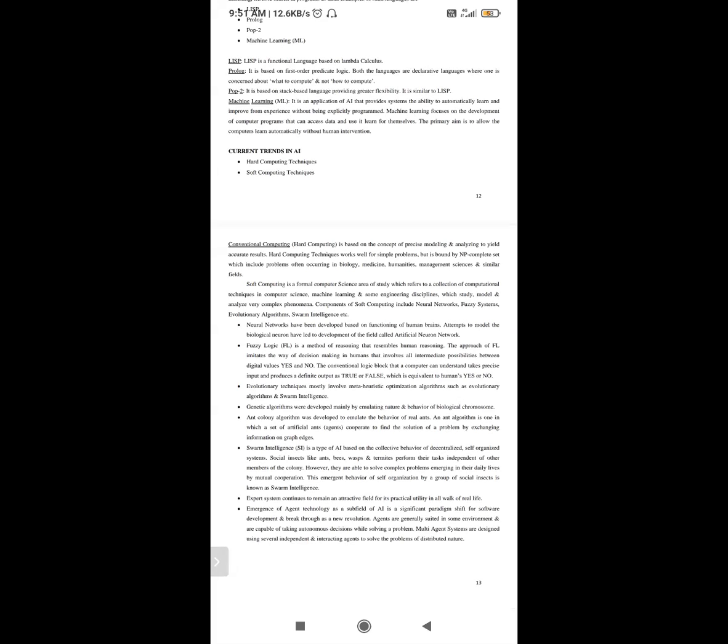Next one, ant colony algorithms. These ant colony algorithms were developed to emulate the behavior of real ants. In this algorithm, a set of artificial ants or agents cooperate to find a solution to a problem by exchanging information on graph edges. You already know about graphs and edges.